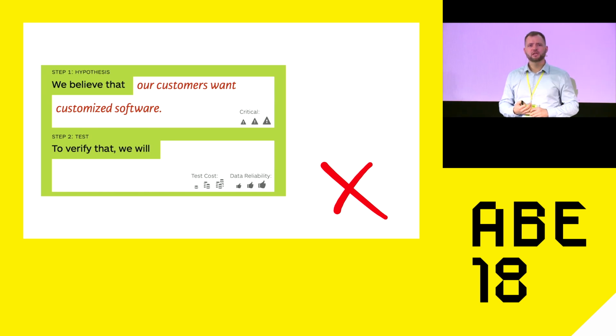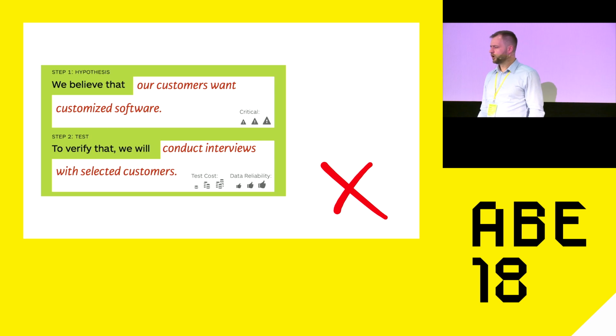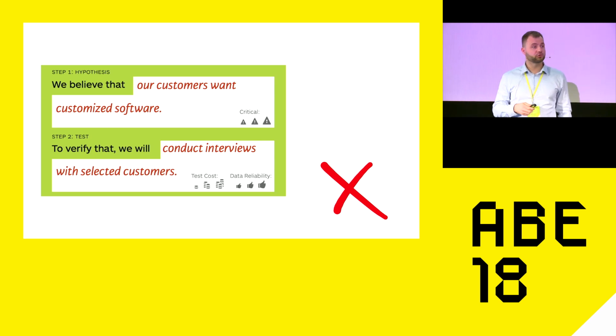So we created the hypothesis, our customers want customized software. How are we going to check it? Well, we're going to ask them. We're going to conduct a set of interviews. Maybe we're going to observe them during work, but interviews are better, there's interaction. We can ask a lot of questions that try to find out their opinion, what are the emotions related to the product or to the idea of customized software.